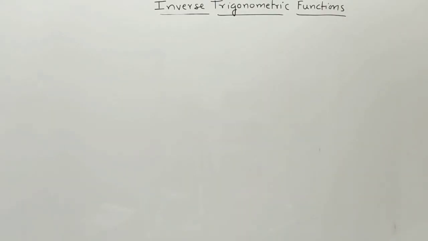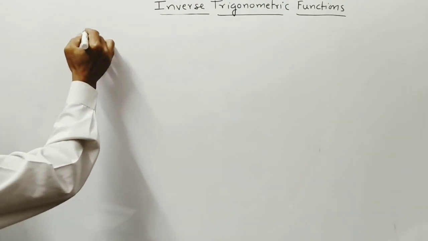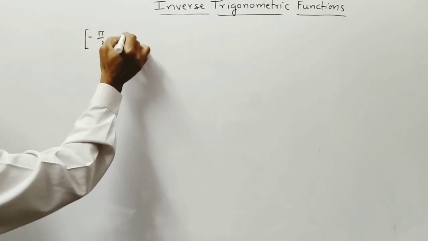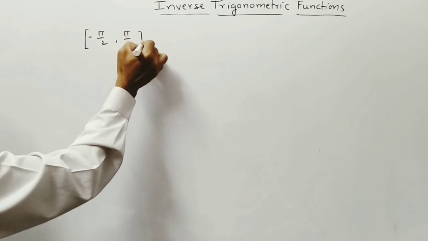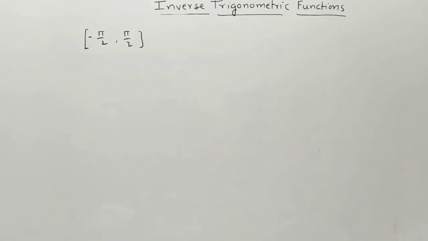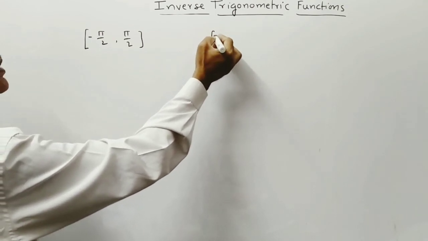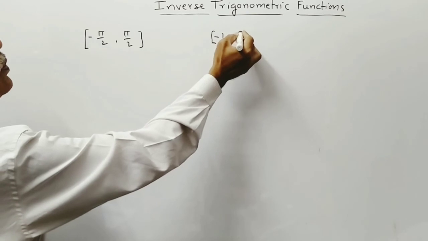Since domain of sine function is set of real numbers and its range is closed interval minus 1 to 1, therefore, if we restrict sine function for the domain closed interval minus pi by 2 to pi by 2, then function is 1 1 and onto and its range is closed interval minus 1 to 1.